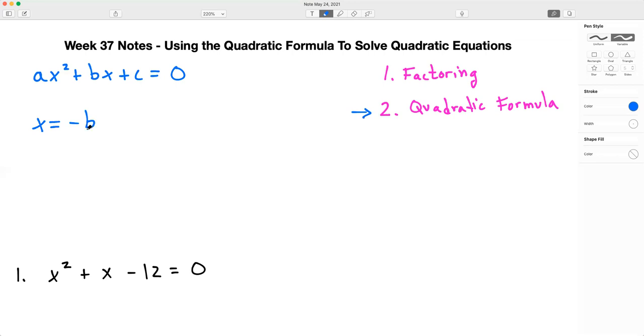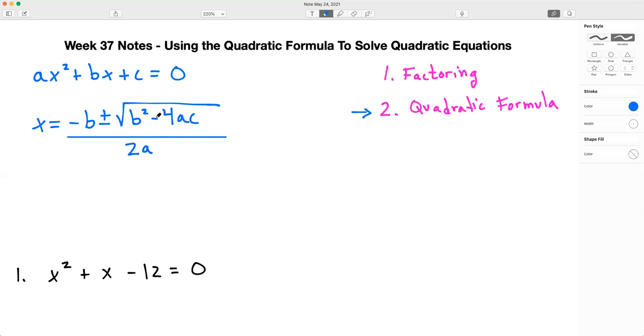And it's maybe intimidating at first, but it's negative b, so the opposite of b, plus or minus the square root of b squared minus 4ac, that's a times c, and this whole thing all goes over 2a. All right, this is the quadratic formula, and this is something that you will use all the time in math when you're solving quadratic equations.